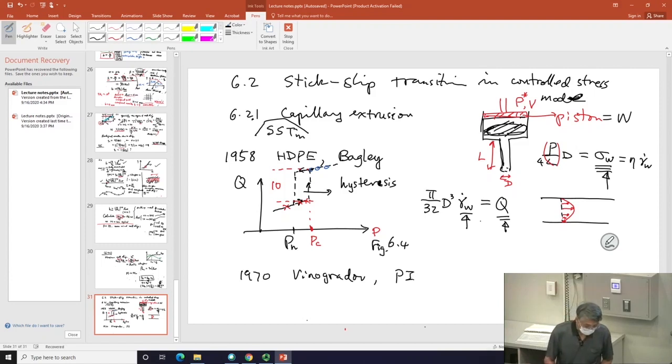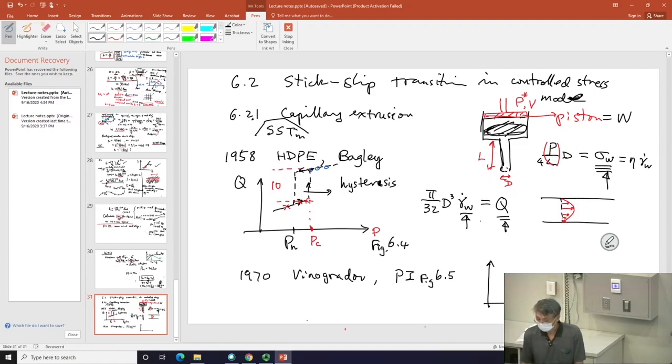And this is presented in figure 6.5. Their interpretation was a little bit strange.